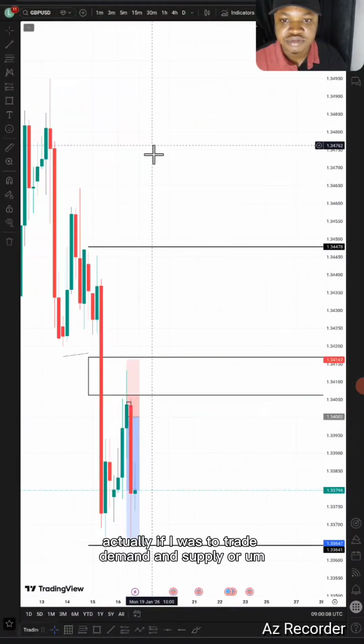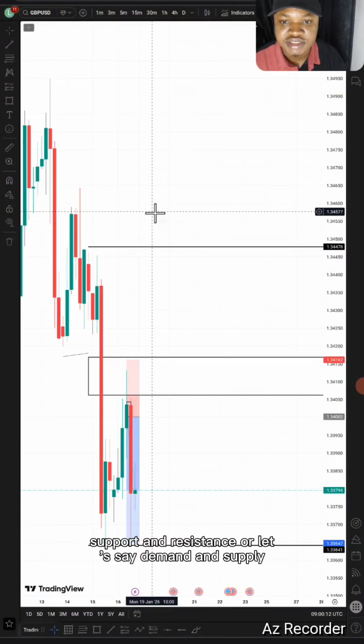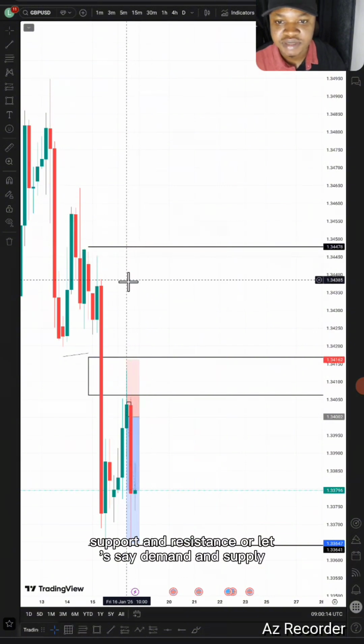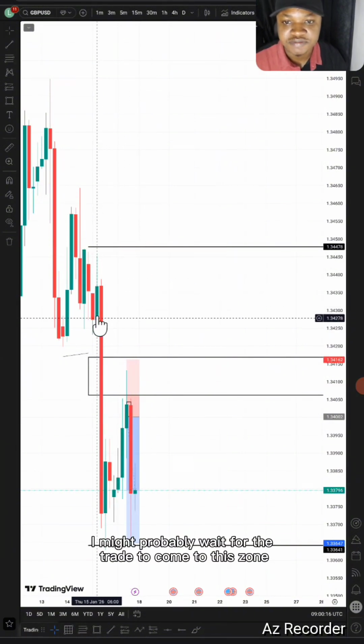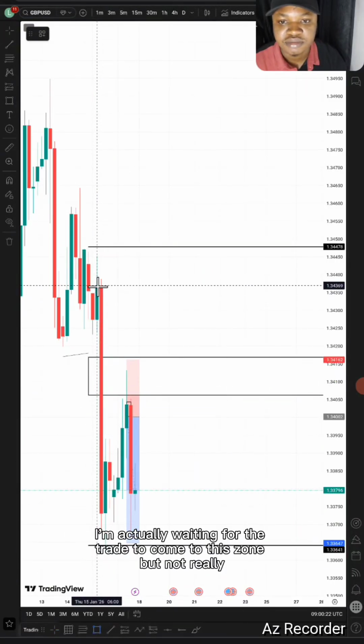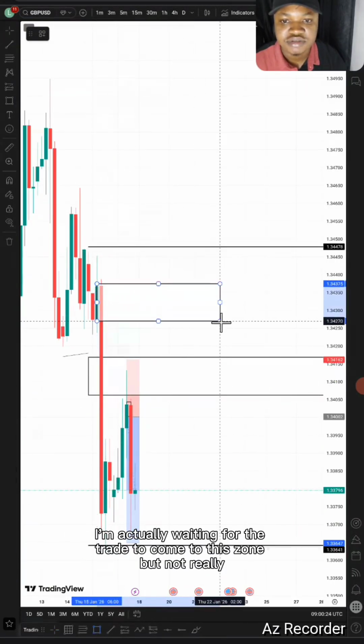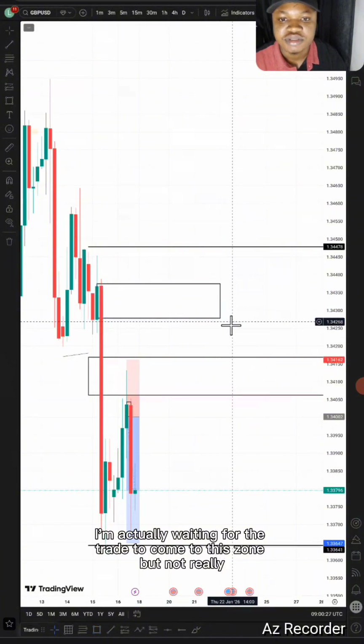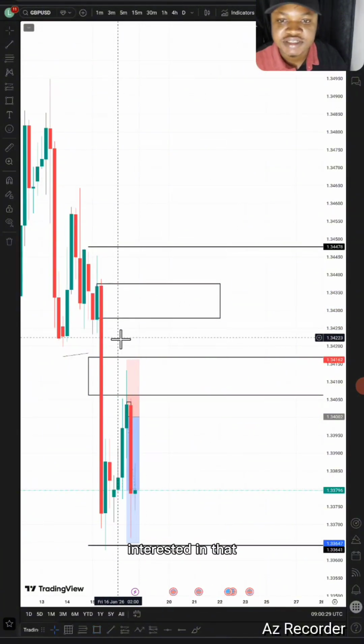Actually, if I was to trade demand and supply, or support and resistance, let's say demand and supply, I would probably wait for the trade to come to this zone, but I'm not really interested in that.